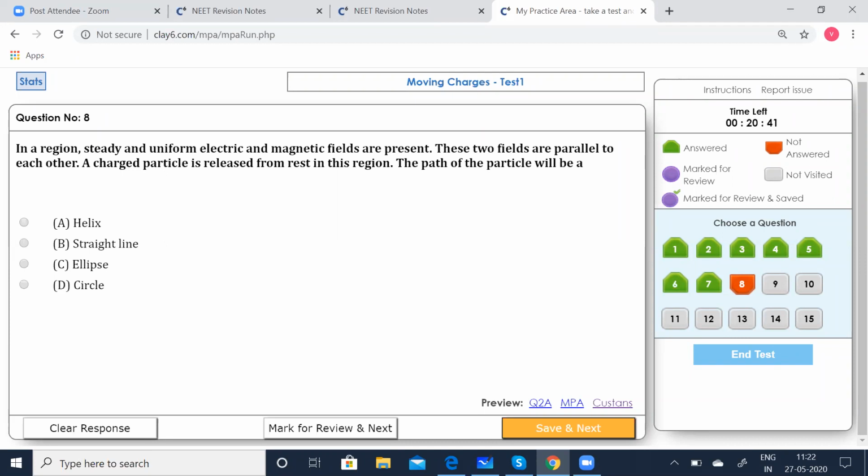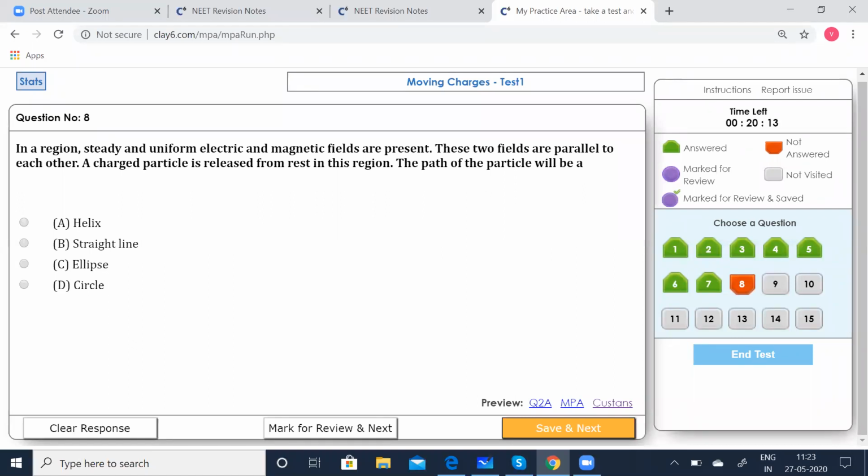All right. Even though this seems to be a conceptual or theoretical question, let us quickly go through the concepts. Now, E and B are going to be along the x-axis. When a charged particle is released from rest, it will experience an electric force.